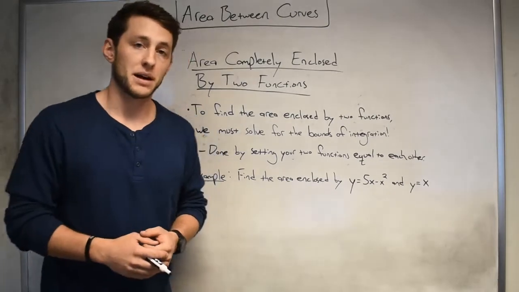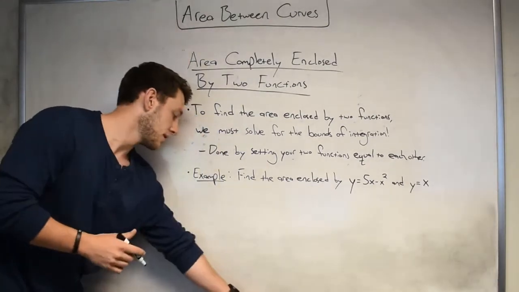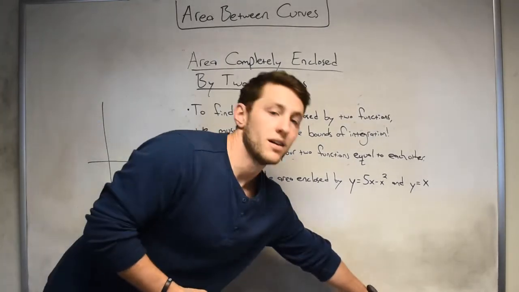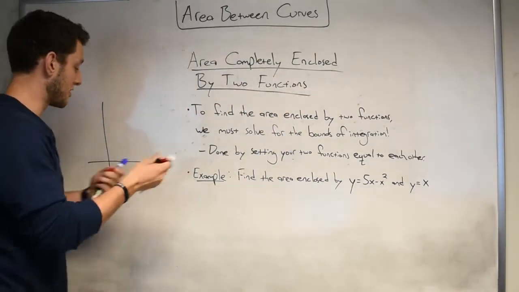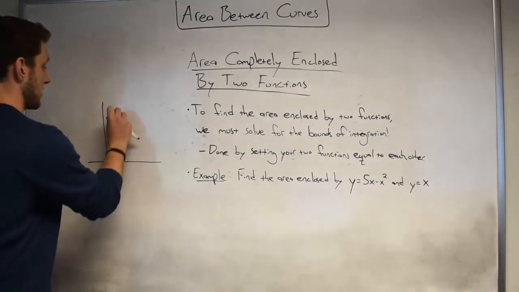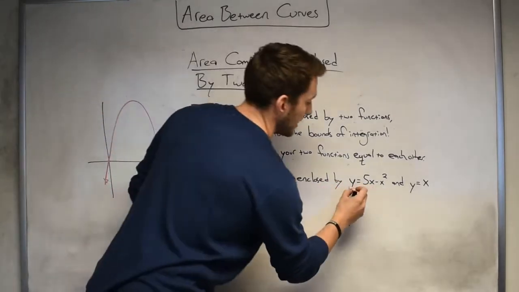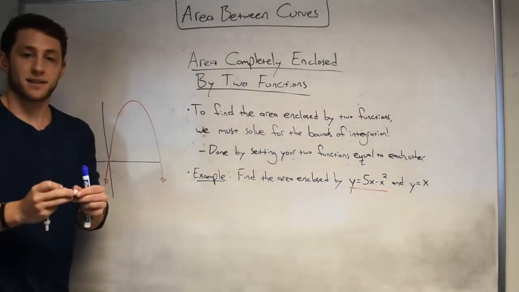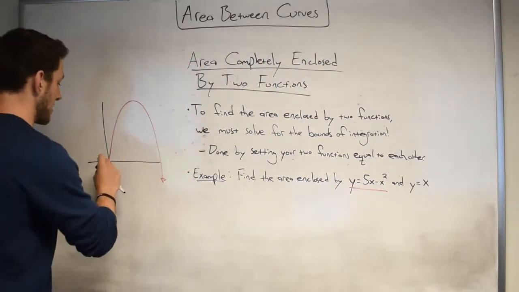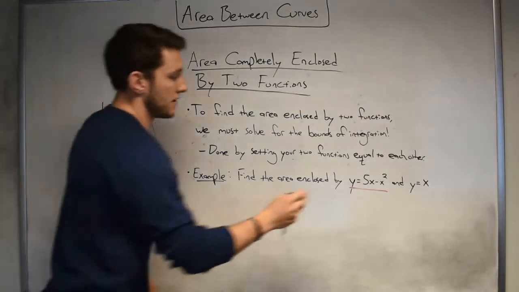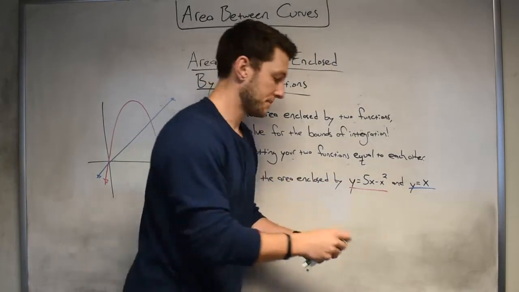This is all complicated by the fact that we do not have a picture. If we did want to picture this, we could actually have a function that looks something like this. This being y equals 5x minus x squared, and then last but not least, y equals x is the line we all know and love, the identity map.